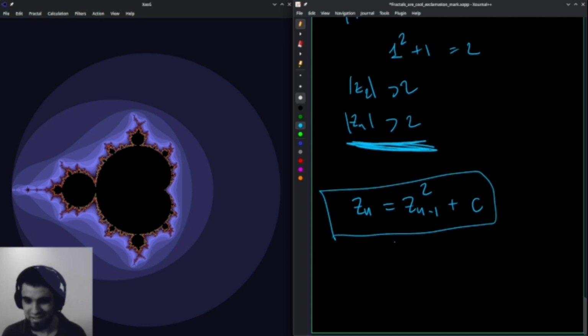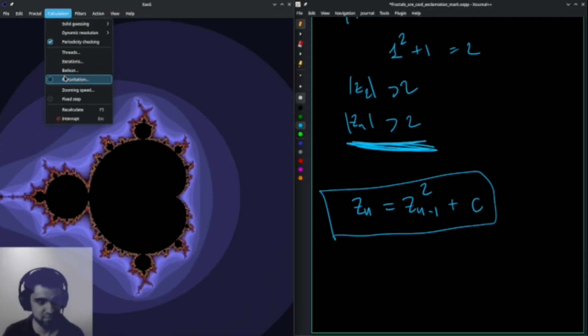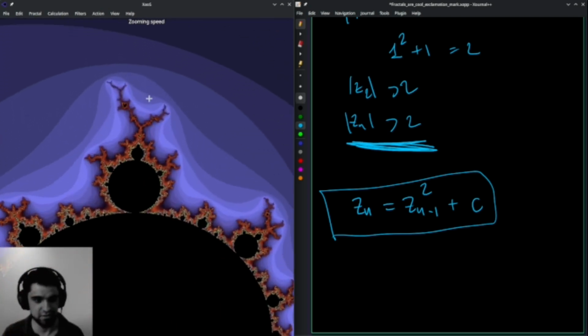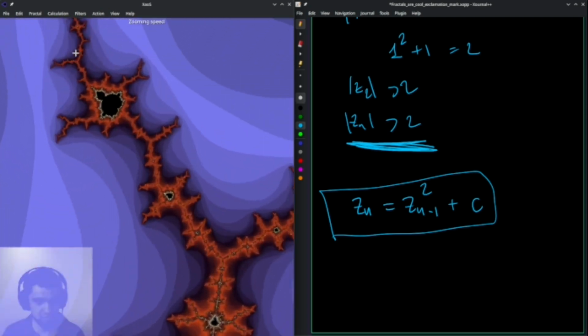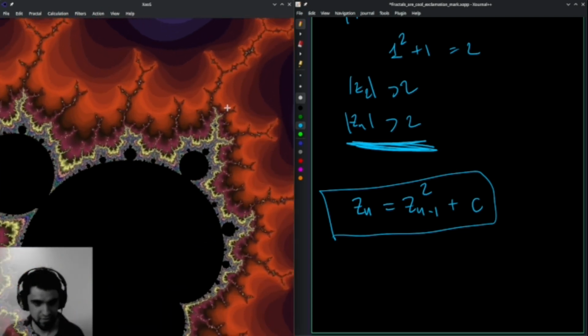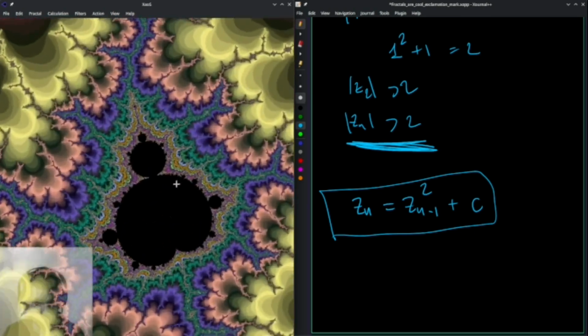This is a really, really simple formula, and we get this crazy looking fractal. Sorry, I'm going to increase the zoom speed to twice. And it has some crazy details. If you zoom in, you will start to see that there are little fractals that are self-similar. If you zoom in more, you get another little Mandelbrot set over here.